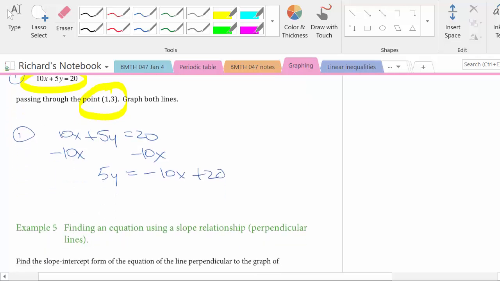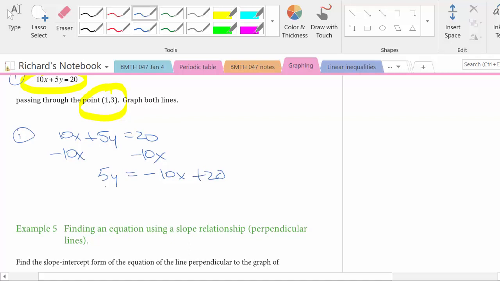Next, I'm going to divide both sides by 5 to isolate for y. Everything divided by itself is 1, so I end up with y equals, well, minus 10x divided by 5 is minus 2x, and 20 divided by 5 is 4. So equation number 1 in slope-intercept form is y equals minus 2x plus 4.